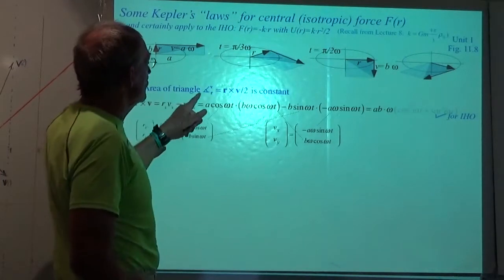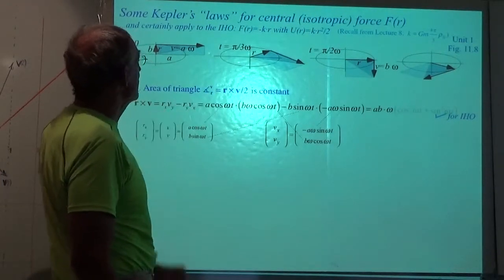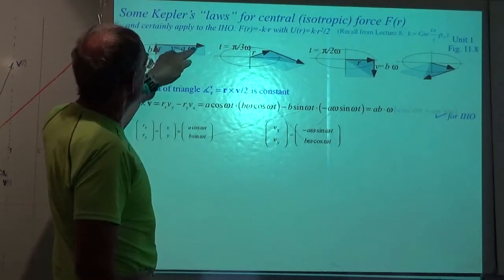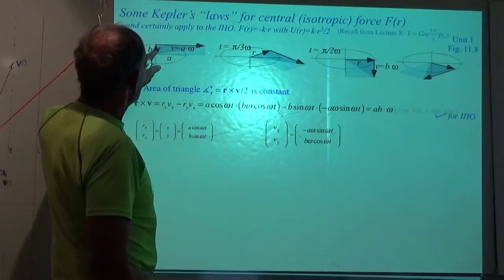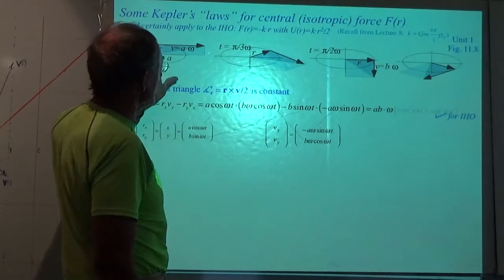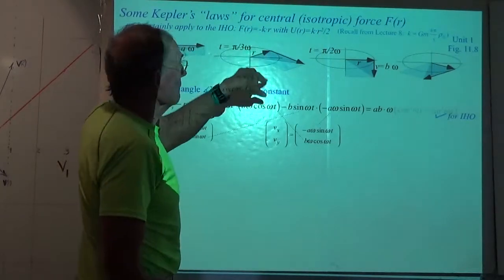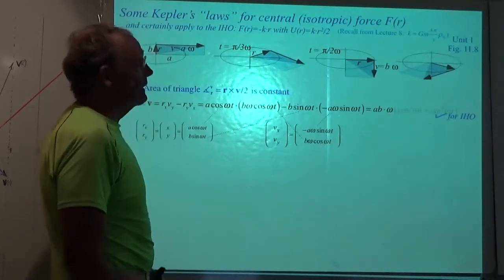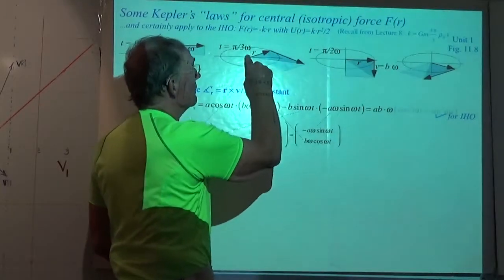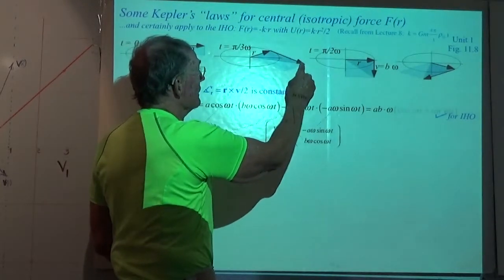So here's the deal. An area of a triangle made of velocity and position. There's the velocity, there's the position right there. So we got r here, v that way at time equals 0. Then it goes off and makes some parallelogram, rhombus, whatever you want to call it. It's a parallelogram, okay? There's a velocity. These are r's.